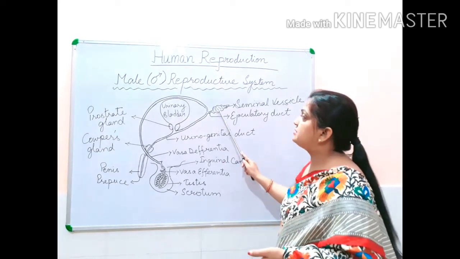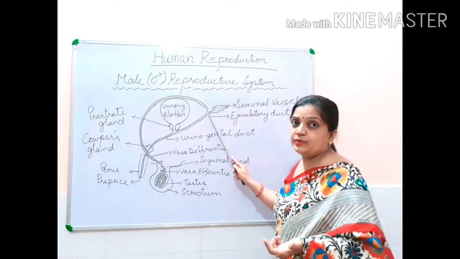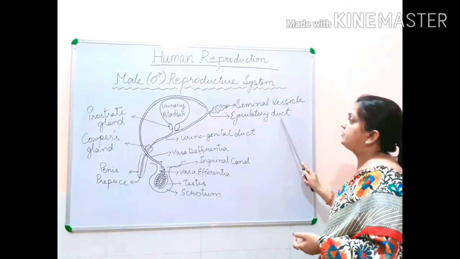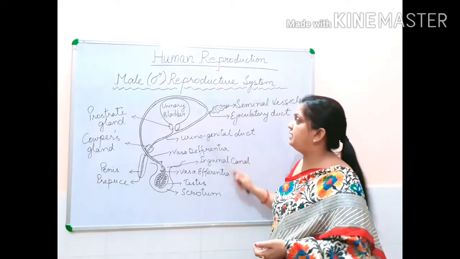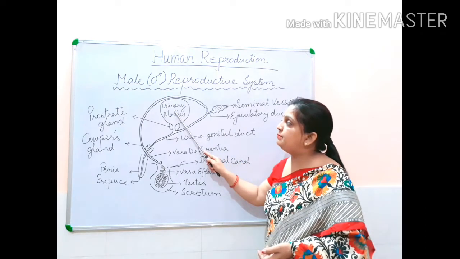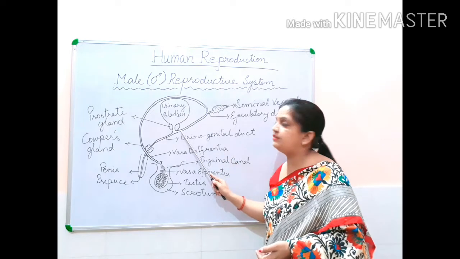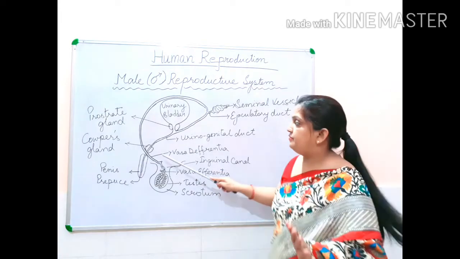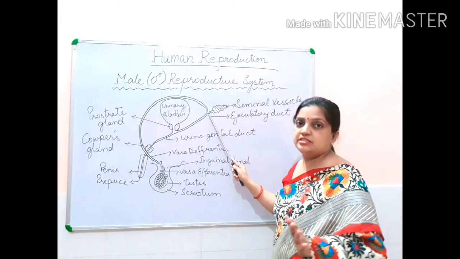Where the seminal vesicles and the vas deferens connect with each other, that part is called the ejaculatory duct. Now from this ejaculatory duct, a pipe is moving downward, and the urinary bladder pipe is also opening into the same part, the same ejaculatory duct part. Here it was the vas deferens, from here it's the ejaculatory duct.